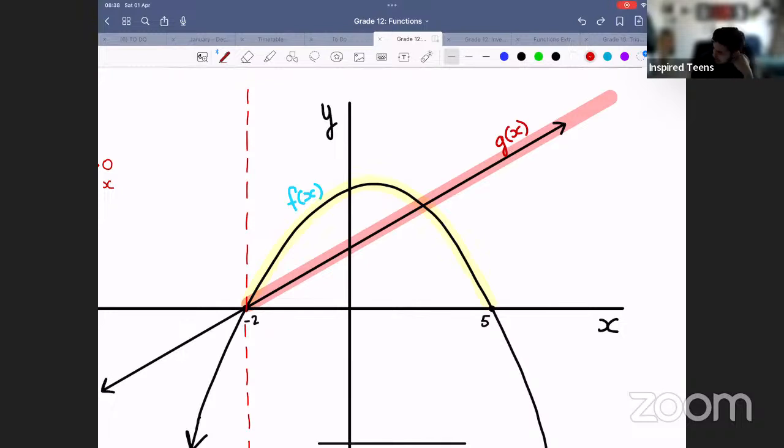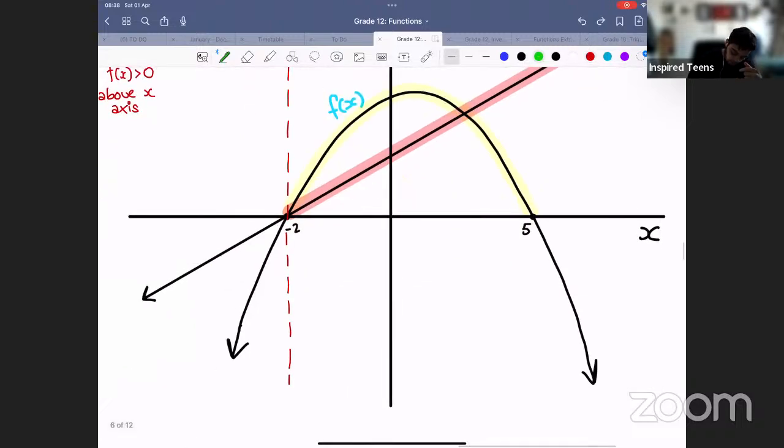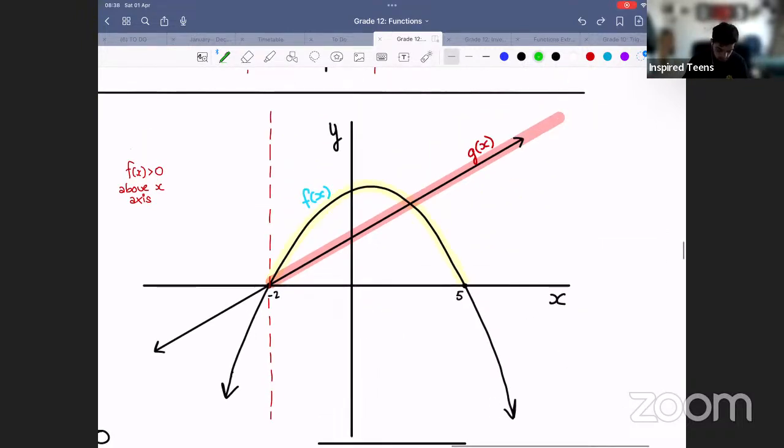So basically, how you can understand that is prior to -2, they were both below the x-axis, and both of them after -2 came above the x-axis. Okay, up until a certain point, however, what is the most right value for f of x being above the x-axis? 5, right?